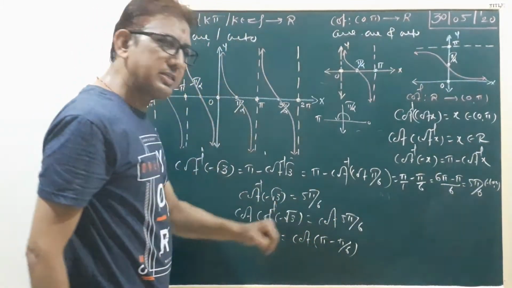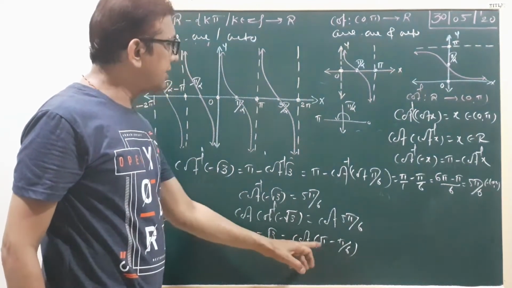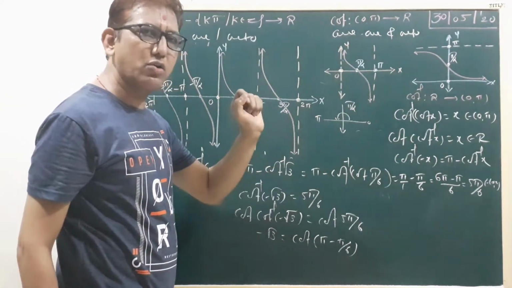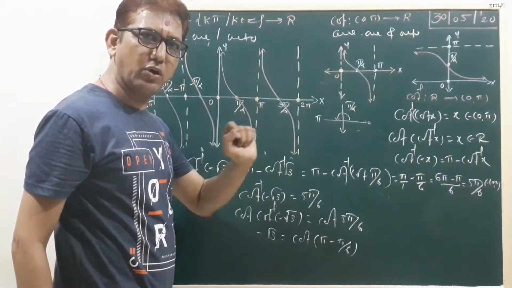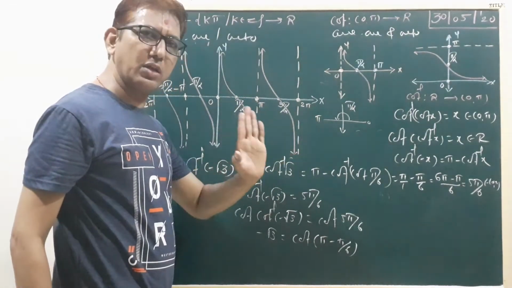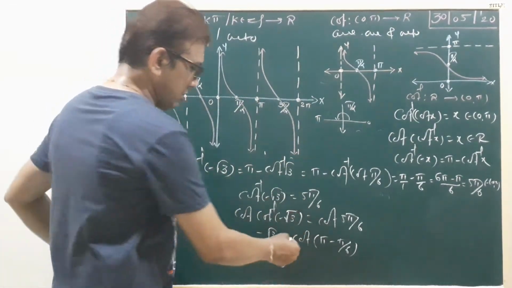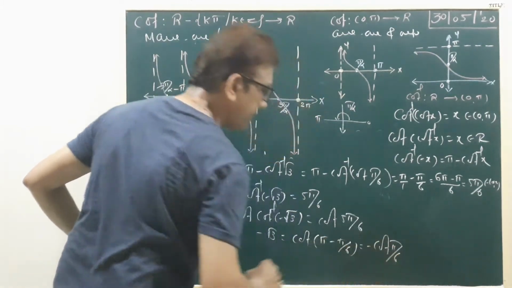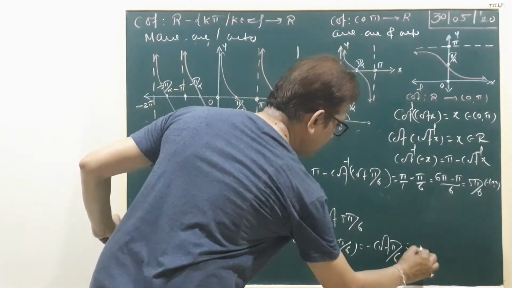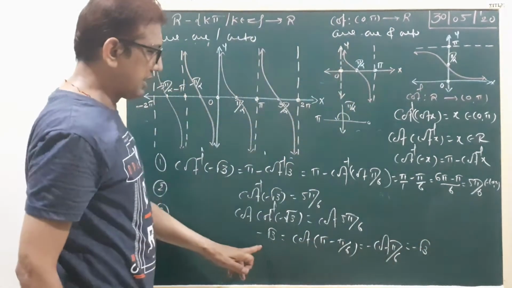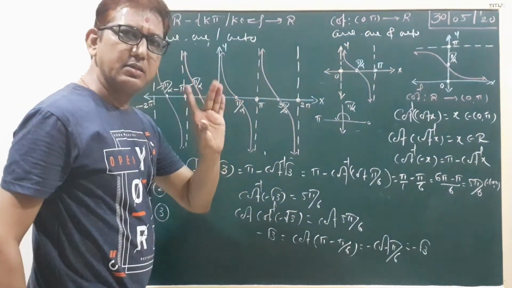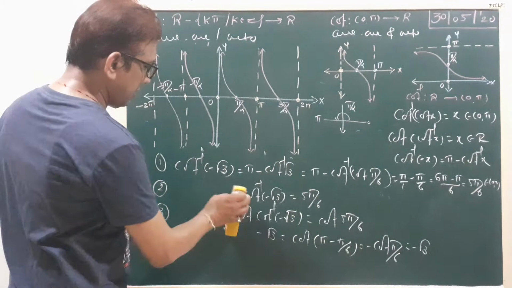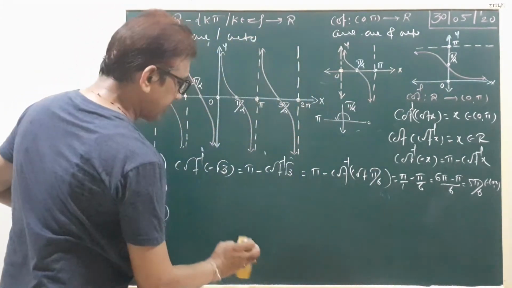Pi minus is the second quadrant. By the rules of ASTC, only sine and cosec are positive, other functions are negative. So this is minus cot pi by 6, and minus cot pi by 6 equals minus root 3. LHS equals RHS. Is that clear? Okay. So you can verify also in your examination.